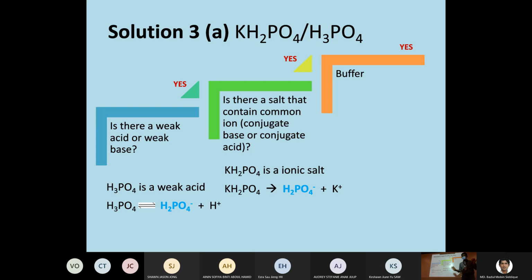This is the main thing of a buffer: it must be weak, whether it is an acid or a base, and it should also have the anion that is coming from that acid or that base. So yes, it fulfills the conditions. It is a buffer.